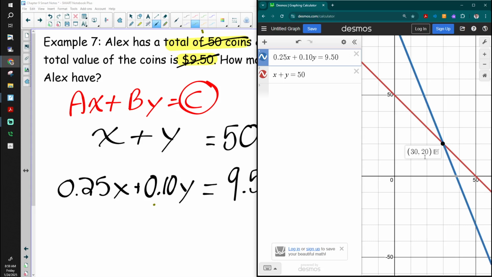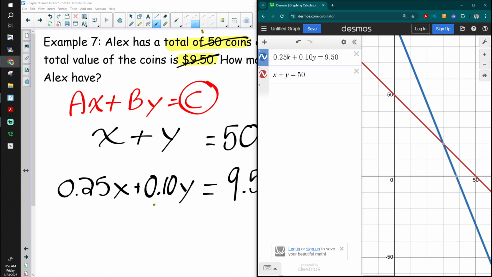Now, this means more than just 30, 20. Because we put 0.25 next to x, that means my x value is my quarters, so I have 30 quarters. Since 0.10 is next to the y, that means I chose dimes to be y. So that means 20 is the number of dimes I have. I have 30 quarters and 20 dimes.